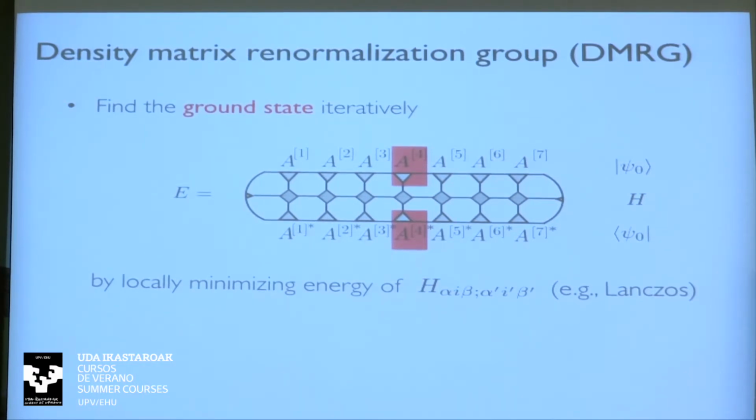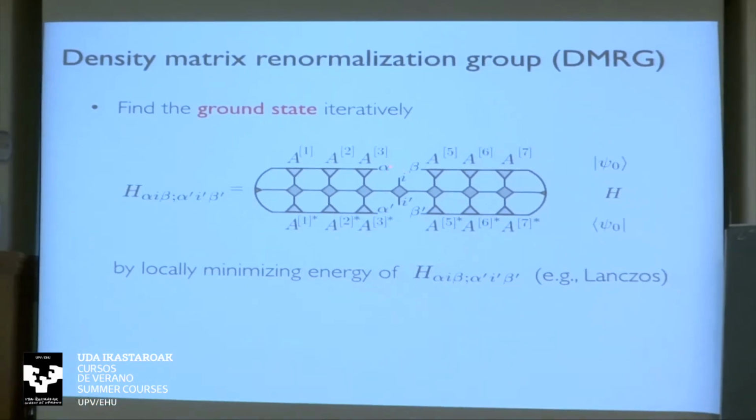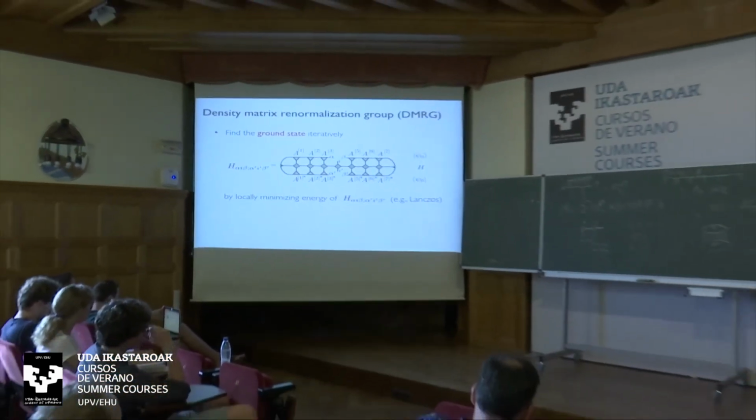And now we can basically just minimize this, so we can take out one of the matrices, and this gives us, assuming this canonical form, a representation of the Hamiltonian in terms of our orthogonal states. And then we can use some standard method like Lanczos or Jacobi-Davidson to find the ground state of this effective Hamiltonian projected into this space of Schmidt states.